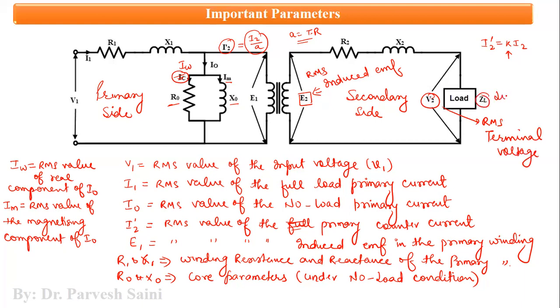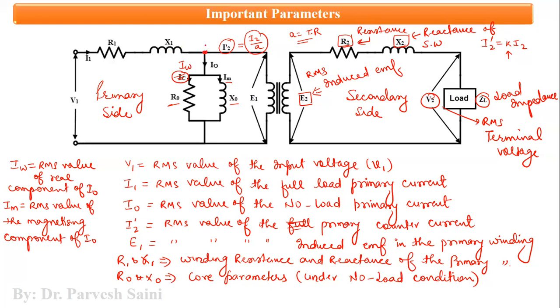ZL is the load impedance, and these two are basically the resistance and reactance of the secondary winding, right? So these are the parameters associated with the transformer's equivalent circuit.